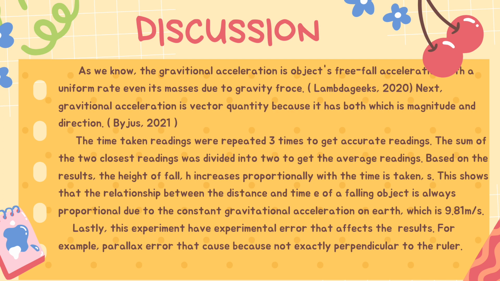When the height of fall and time spent falling increase, the graph is linear. Hence, it proves the height of a fall will always be proportional to the time taken. Lastly, this experiment has experimental error that affects the result, for example parallax error, caused by the eye not being exactly perpendicular to the ruler.